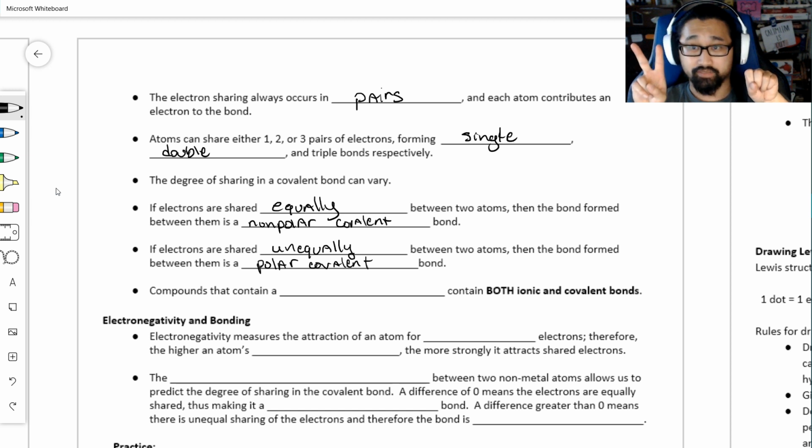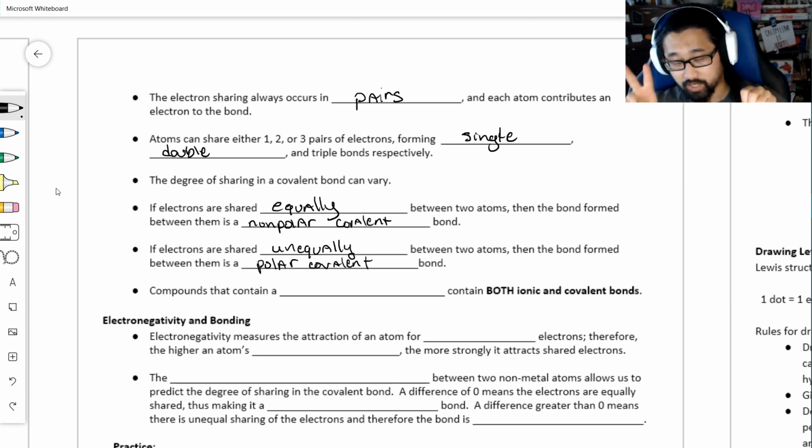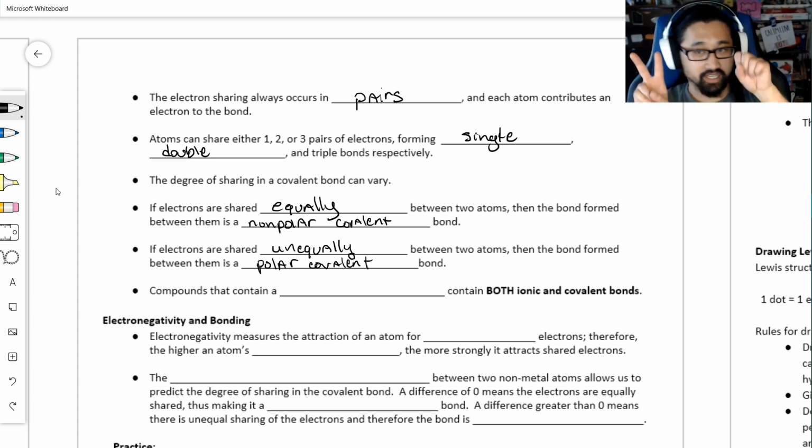Well, that means that I have a negative pole and a positive pole, which means that my bond is polar, because the electrons spend more time on one side than on the other. So one side tends to be more negative than the other. That's what polar covalent versus non-polar means.